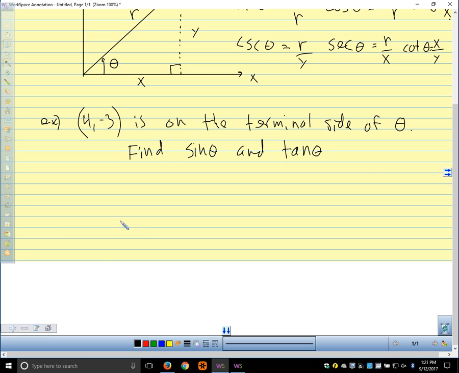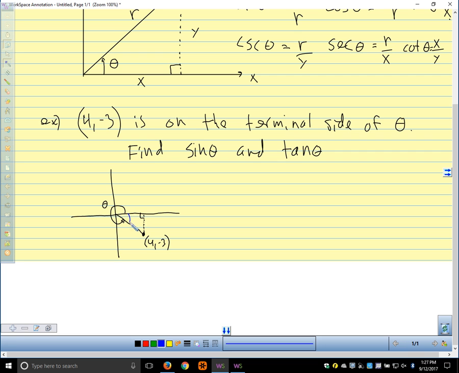The nice thing about these kinds of problems, the nice thing about trigonometry in general, is we can draw pictures. So let's plot this point. I usually draw little pictures. Here's the point 4, -3. So there's the angle that I'm talking about. My angle goes around like that. So that's theta. What we can do, and I'll go into a little more detail about this in just a second, I'm going to project this down and think about this little right triangle.